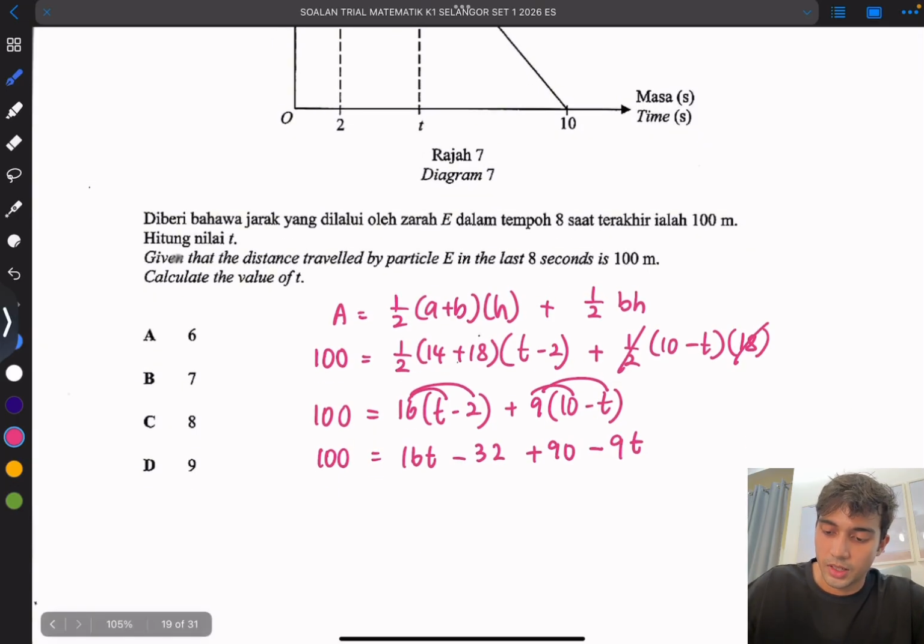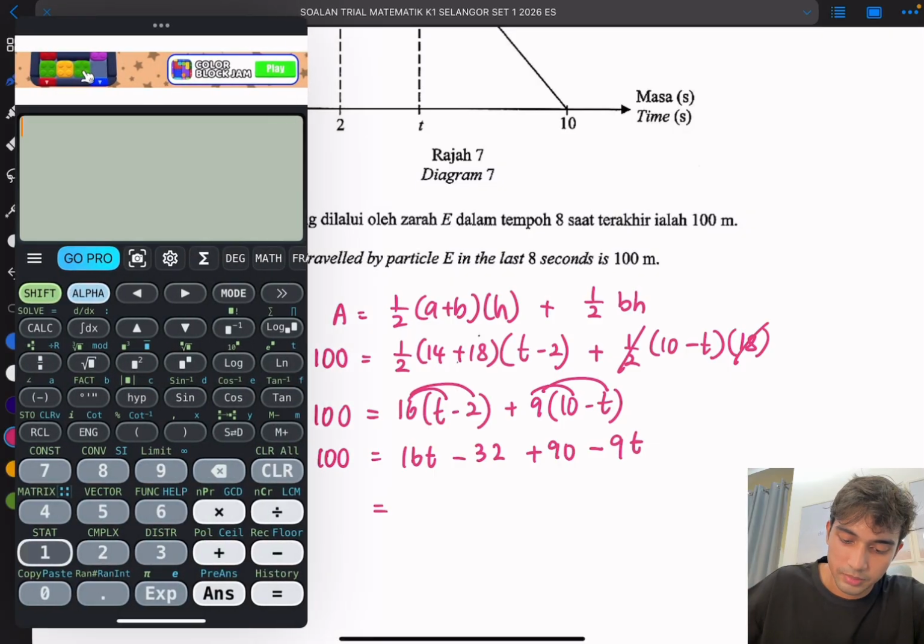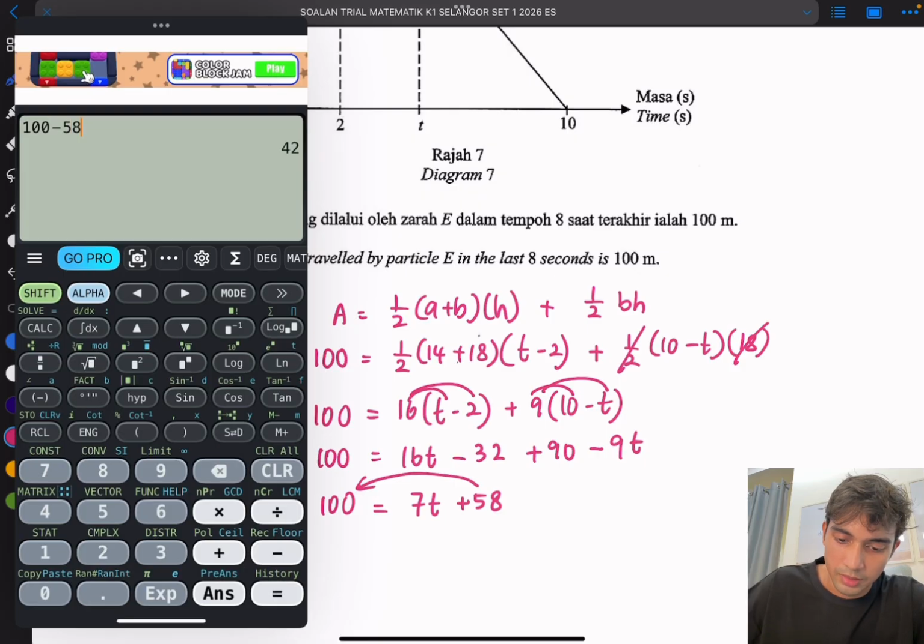Okay. Now whichever has t, we can solve together. So 16t minus 9t, we will get 7t. Then negative 32 plus 90, we get 58, equals to 100. So 58 we can bring over here, so we get 100 minus 58. So we get 42 equals to 7t.